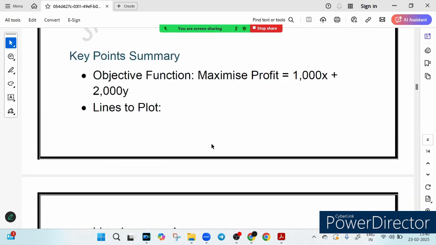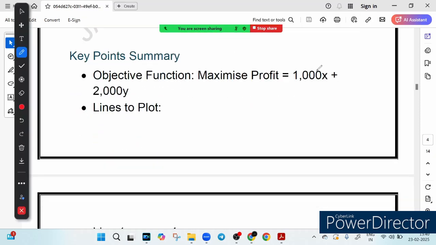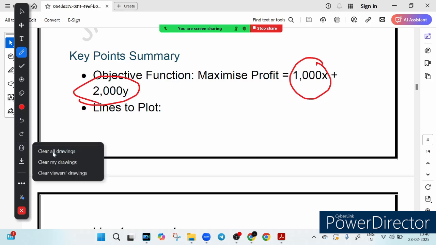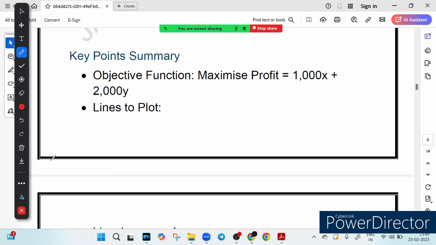So each radio gives 1000 rupees profit, so x radios will give 1000x profit. Similarly, each TV gives 2000 rupees profit, so y TVs will give 2000y. So add both of them. This is our objective function. The main goal of our business is to maximize the profit. That means we want to maximize this function 1000x plus 2000y, right? So our job is to find the right mix of x and y that gives the highest profit while staying within our constraints. This is step number 1.